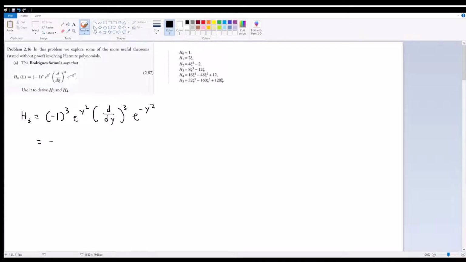Working this out, we get negative e to the y squared, and then d by dy squared of negative 2y e to the negative y squared.